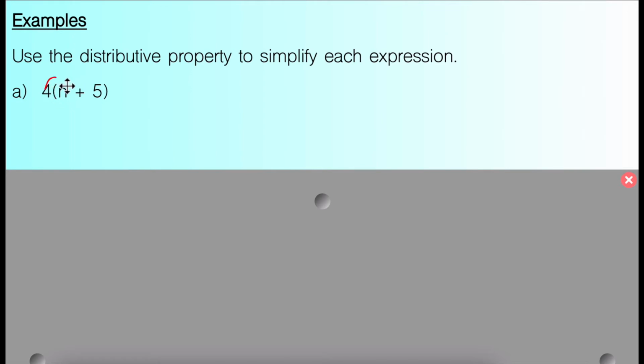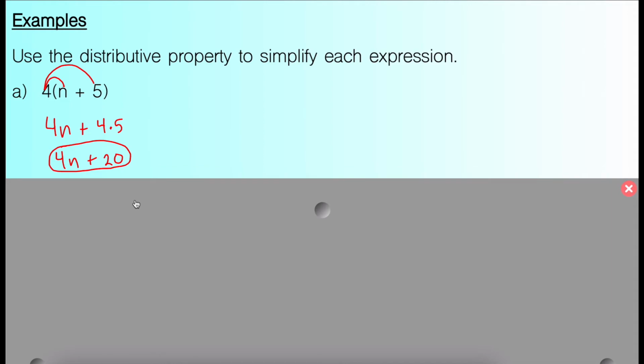So this would be 4 times n and 4 times 5. 4 times n plus 4 times 5, which you could rewrite as 4 times n plus 20. And this expression here, 4n plus 20, is the exact same thing as the original, just written a different way. So both of these things are equivalent to one another.